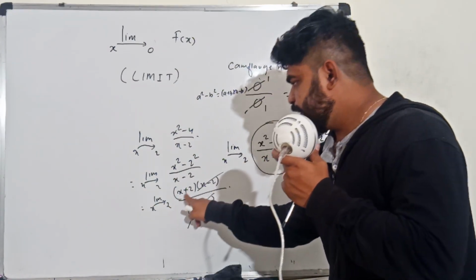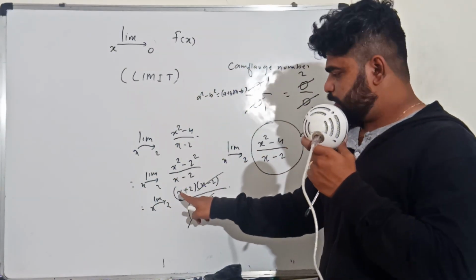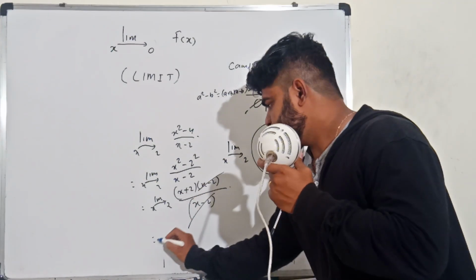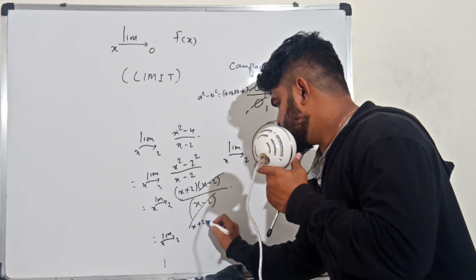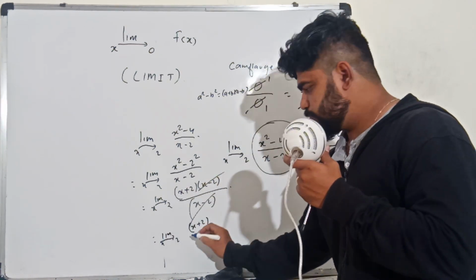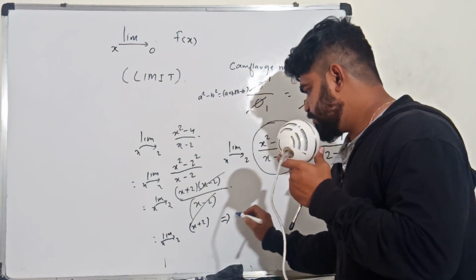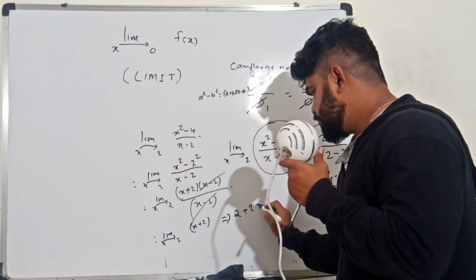Right? Now I can put x equal to 2. So limit x tends to 2 is x plus 2. If I put x equal to 2, my value is going to be 2 plus 2, which is equal to 4.